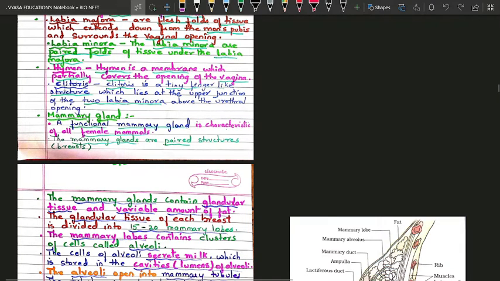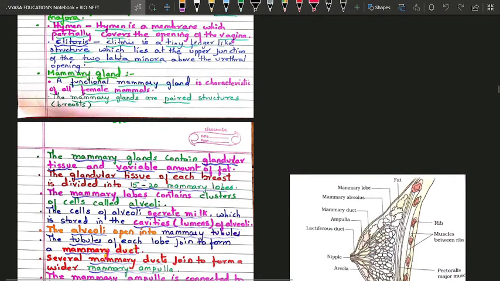Clitoris is a tiny finger-like structure which lies at the upper junction of the two labia minora above the urethral opening. So these are the external genital organs of the female.